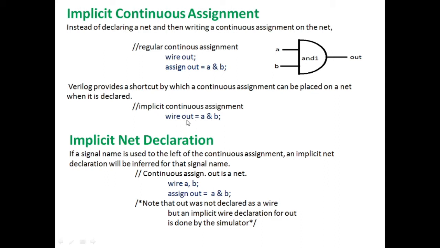That means I am not using the assign keyword here. That is the difference you need to observe. Because as soon as out is declared as a wire or net, immediately a continuous assignment is placed on my out variable. This is the implicit continuous assignment.